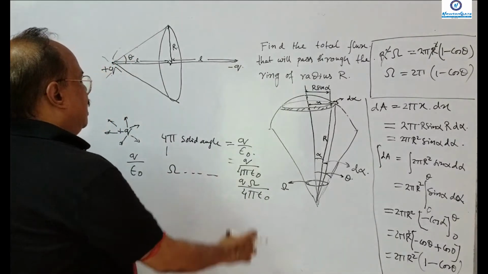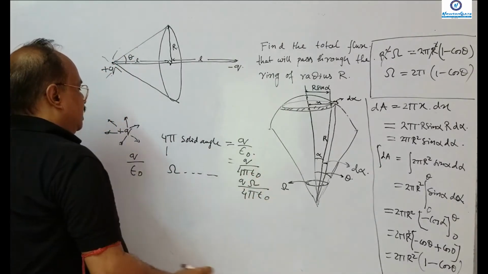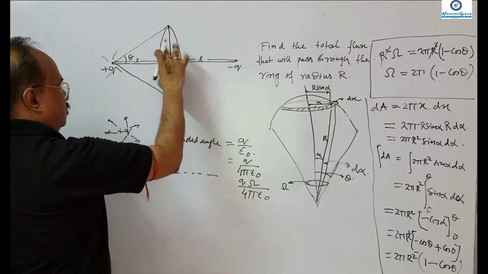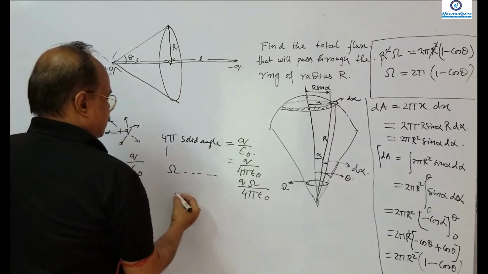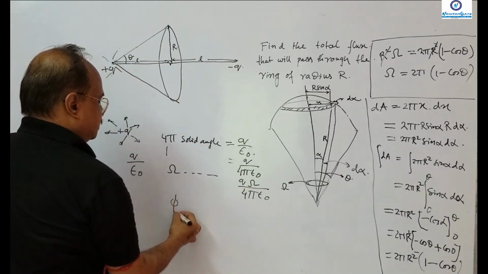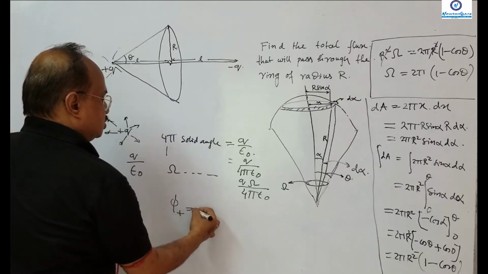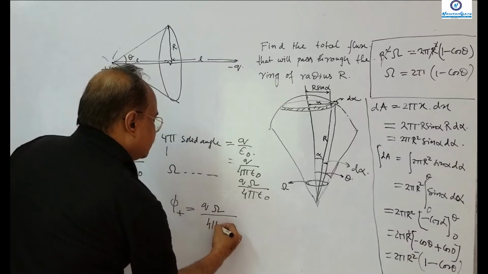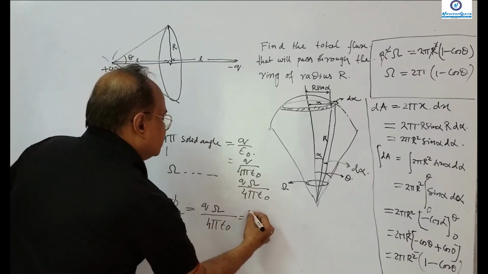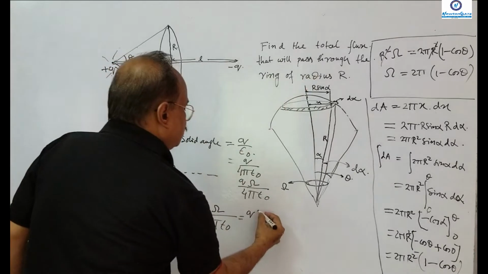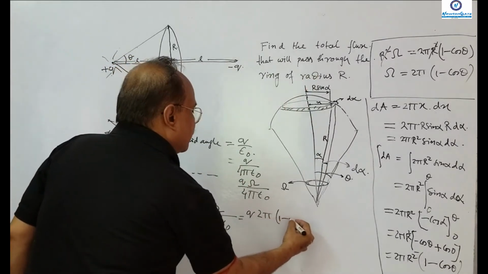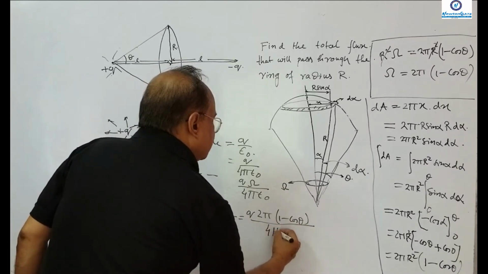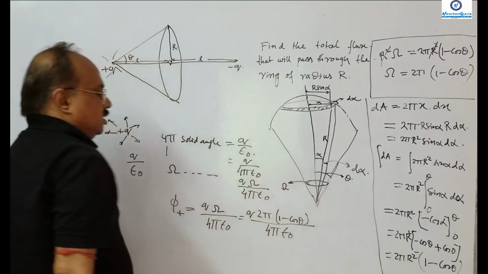Understood? Now the total flux going out due to this positive Q will be Q into omega by 4 pi epsilon naught, and omega is equal to 2 pi into 1 minus cos theta, divided by 4 pi epsilon naught. You understand?